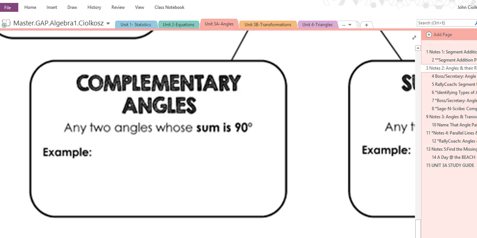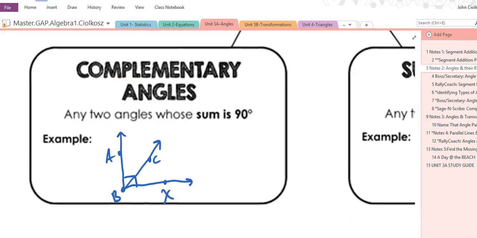Complementary, those refer to angles that sum to 90. So here, if I consider these two angles, I would have angle ABC plus angle CBX, and I could say that these two are equal to 90.